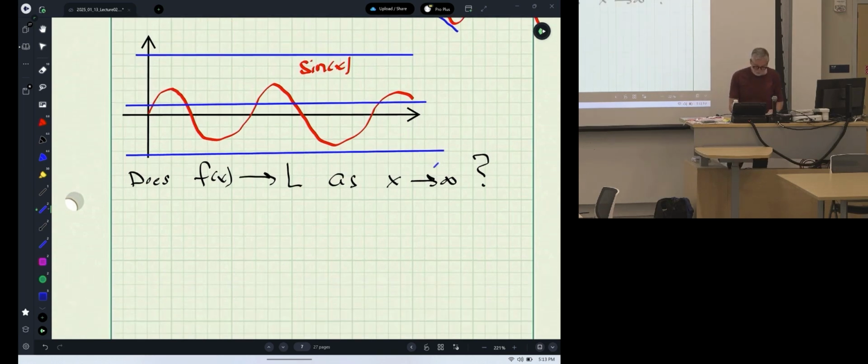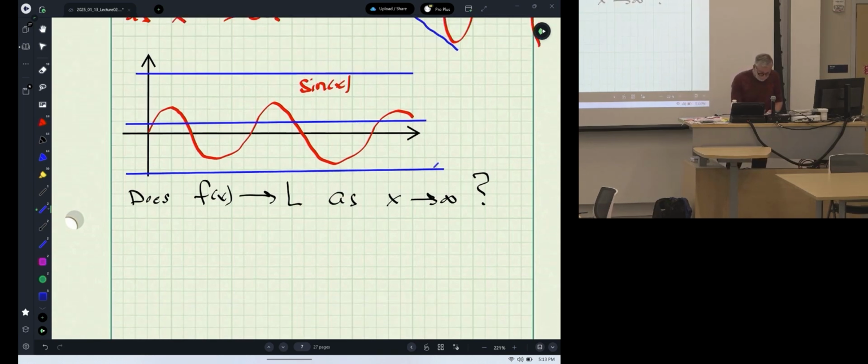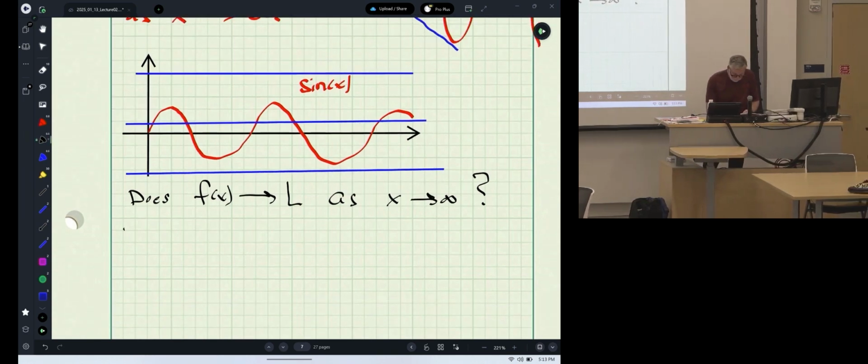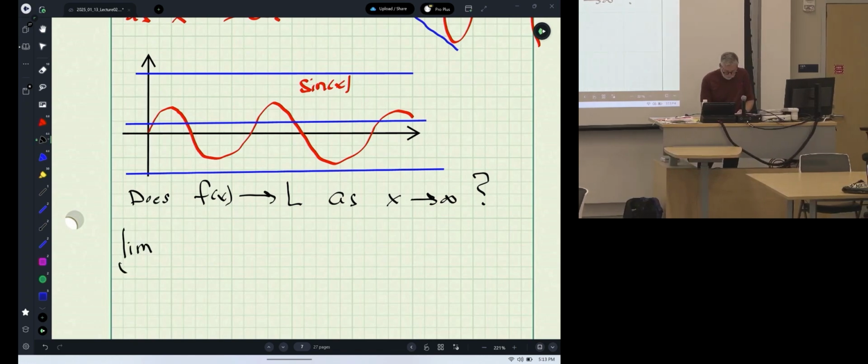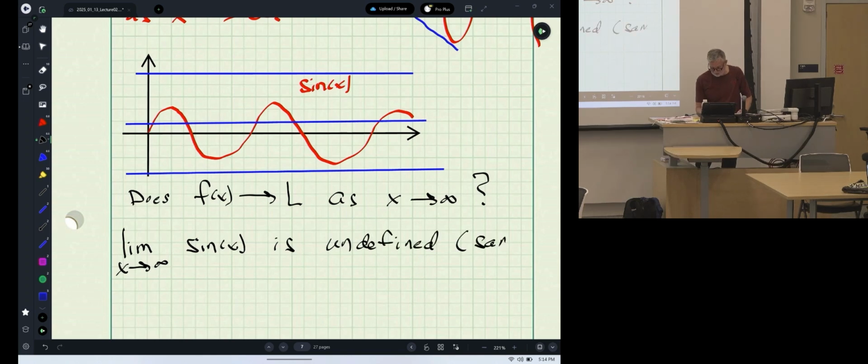So this sine of x, the limit as x goes to infinity of sine of x is undefined. It does not exist.